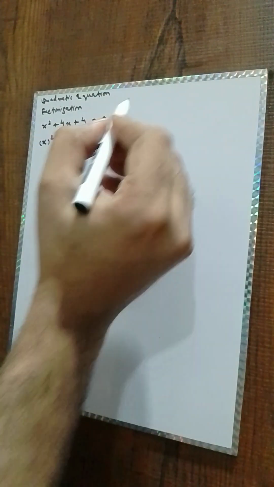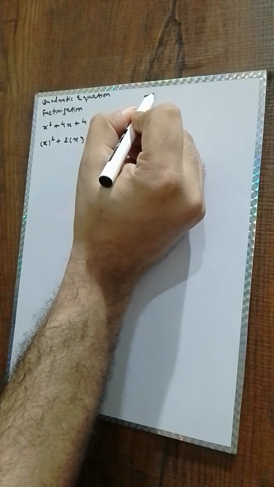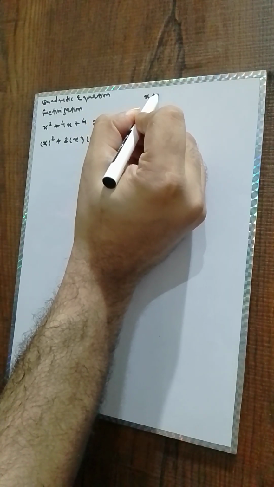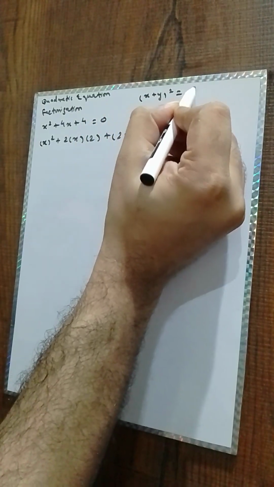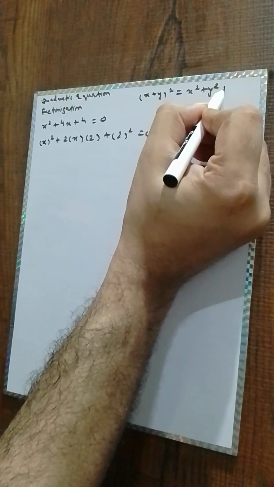Okay, you see, so this is a formula in algebra. x plus y whole square is equal to x square plus y square plus 2xy.